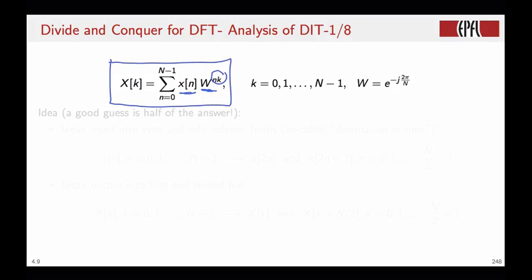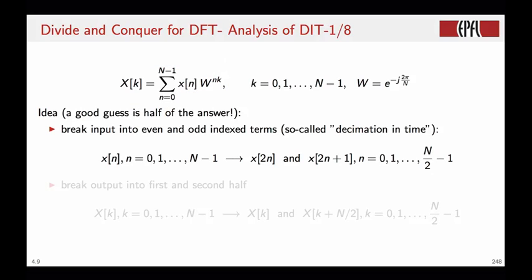To start the algorithm, a good guess is half of the answer. Remember the good guess, it will help in the future. So the good guess is that we want to divide the problem into 2 halves, and we could do this either by taking the first half of the sequence and the second half, or, because it's called decimation in time, we are going to take the even indexed samples and the odd indexed terms.